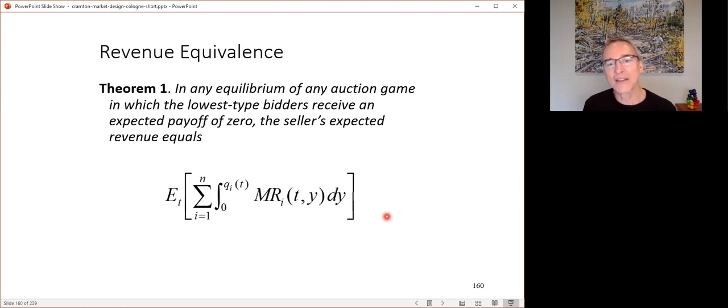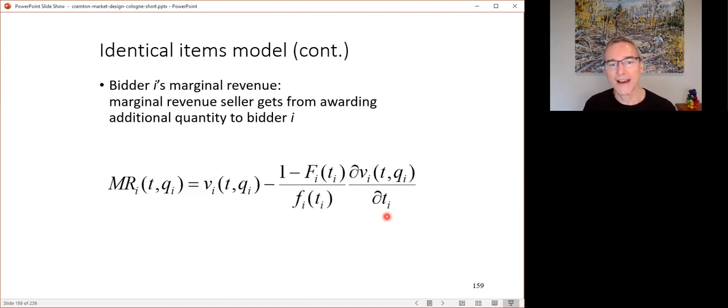So you tell me how the good's allocated, I'll tell you how much revenue it's generated. So it's pretty amazing. And remember this is marginal revenue, but that's also very intuitive. It's my marginal value minus something that's related to the rate at which I have to pay bribes to the particular bidder in order to keep them honest.